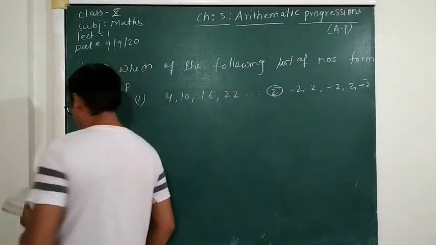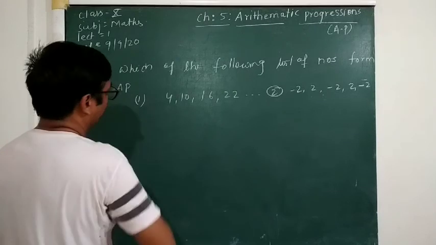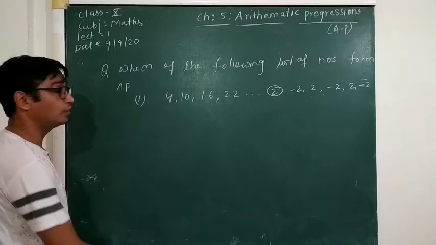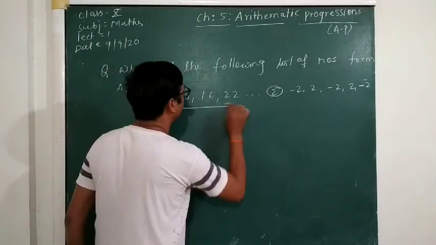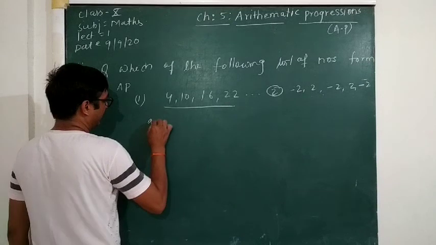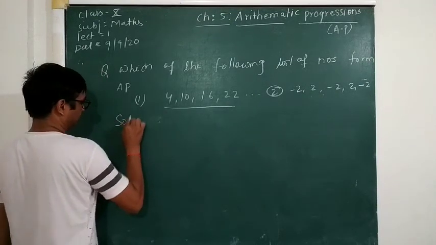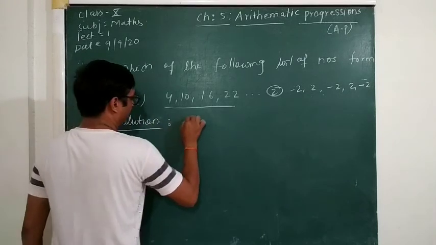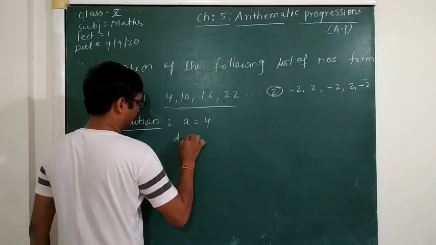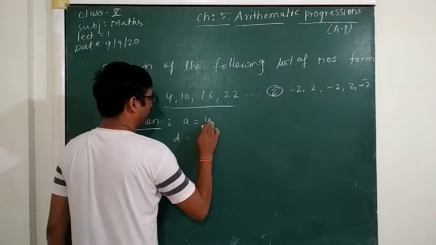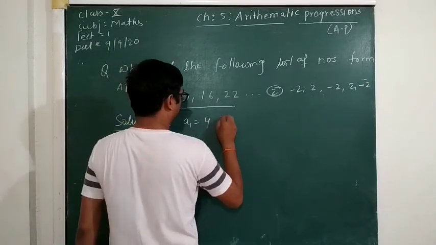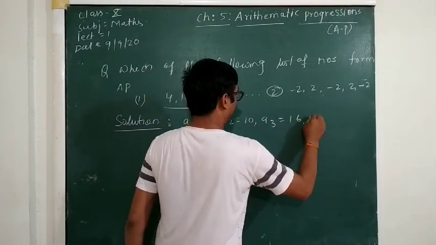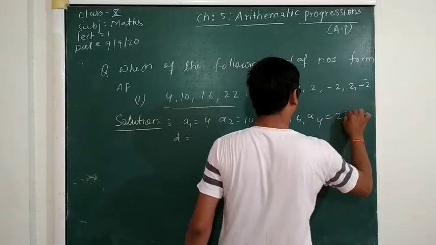Okay, so how can we find out? First of all, we have to find out which one is in AP. I told you that to find an AP we need the difference. First we will write A1 is equal to 4, A2 is equal to 10, A3 is equal to 16, A4 is equal to 22.